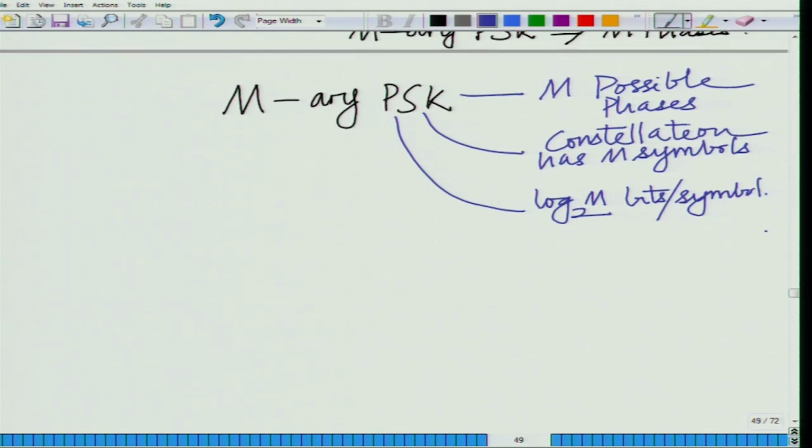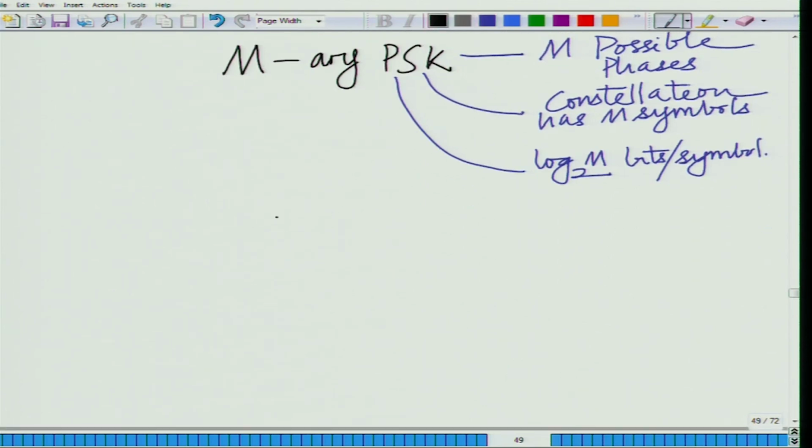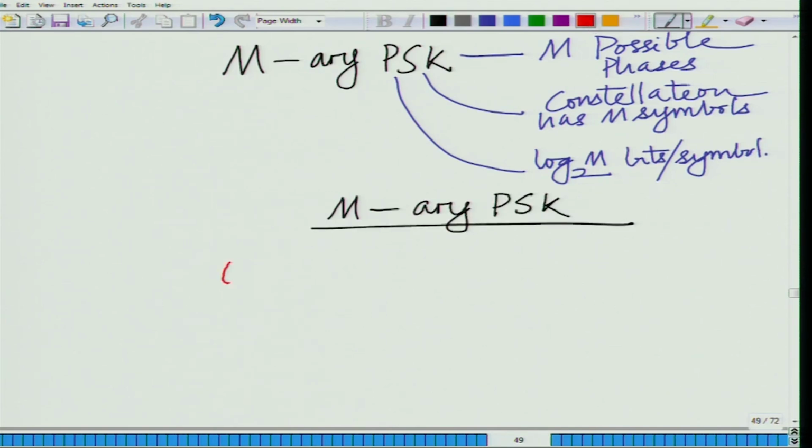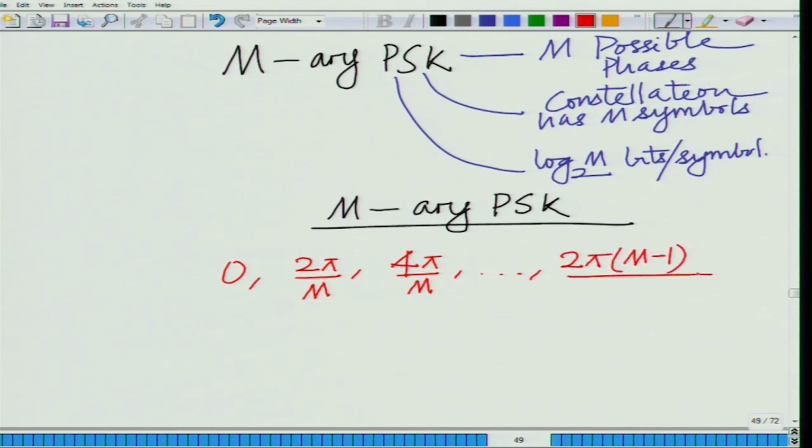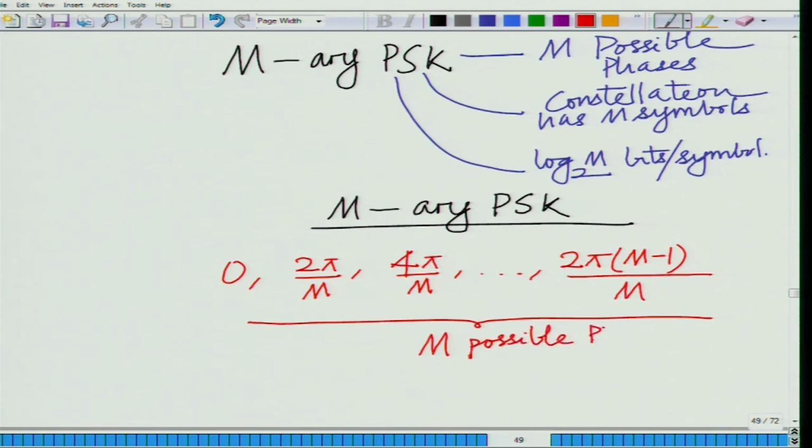We can communicate log M to the base 2 bits per symbol, and the M possible phases in M-ary PSK are 0, 2 pi by M, 4 pi by M, and so on until 2 pi times M minus 1 by M. These are the M possible phases.